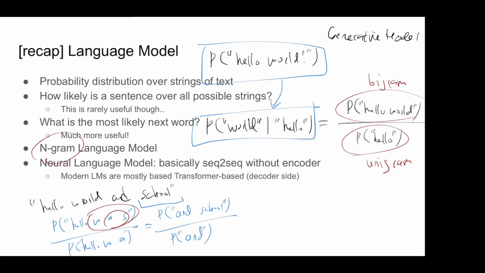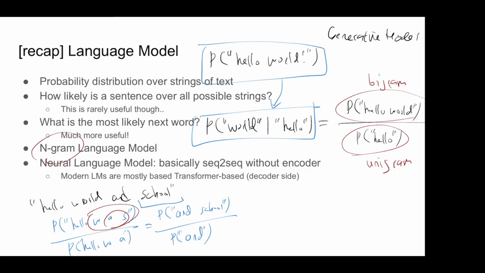So that was the most basic way to approach a language model problem, especially before neural networks. And this was very powerful. It's actually still powerful for many applications because it's very fast and very simple.